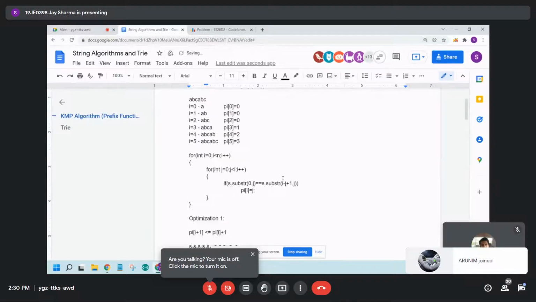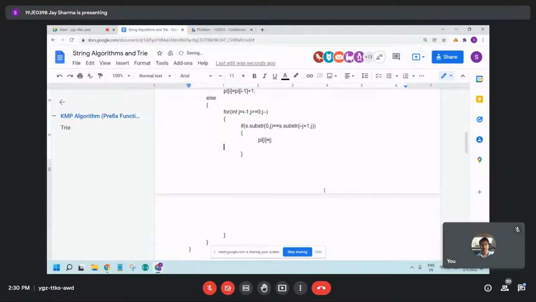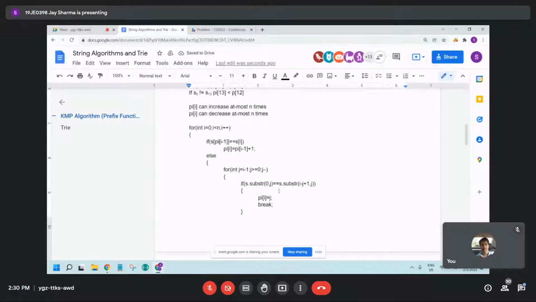I think I wrote I here, sorry about that. And we are simply checking this condition, and if this is holding true, then we are making pi of I is j, and at the same time we are breaking it because we have already got the maximum length prefix, which is also a suffix.